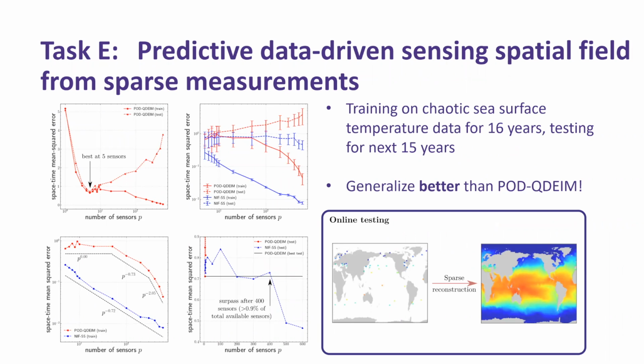Did you find the optimal sensor position and then use a ROM observer, or how did you estimate? Yes. So basically, the QDEIM algorithm gives you the optimal sensor location. At the same time, it also gives you the mapping from the sensor values to the full field. It's basically a linear problem. It's a least square problem.